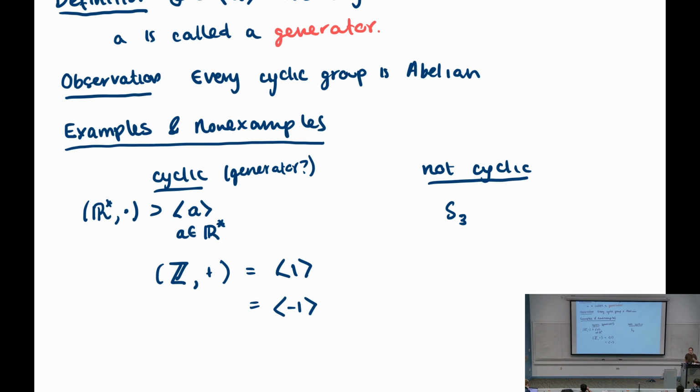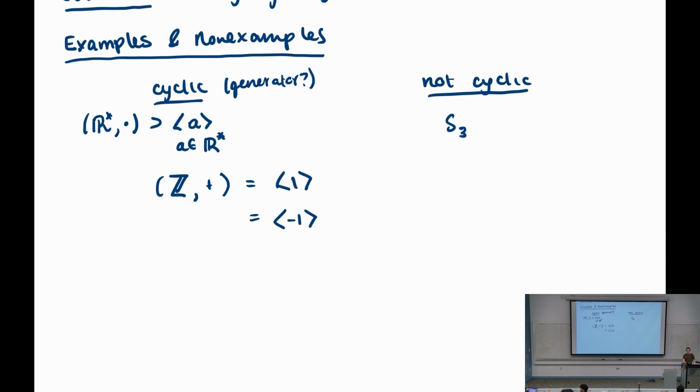Other examples? Some of the U groups are cyclic, sometimes not. U of 10 is cyclic, but U of 8 isn't. So some of the U groups are cyclic and some of them are not. I didn't verify this. U10, I guess you showed that it is cyclic. What is it generated by? 3.